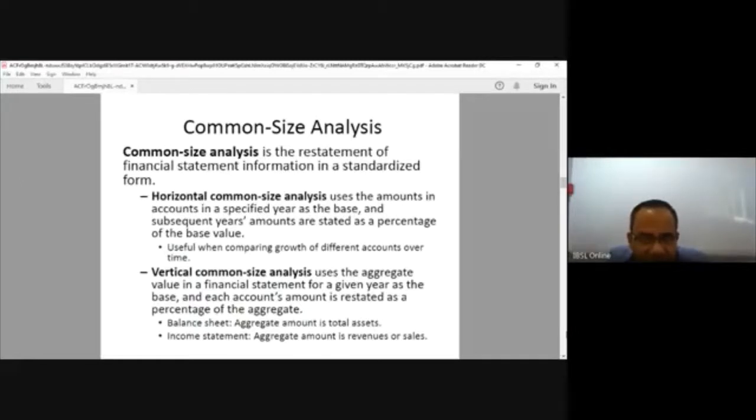So you restate the financial statement information in a standard format so that you can compare different businesses. You can have a horizontal common size analysis or a vertical common size analysis.